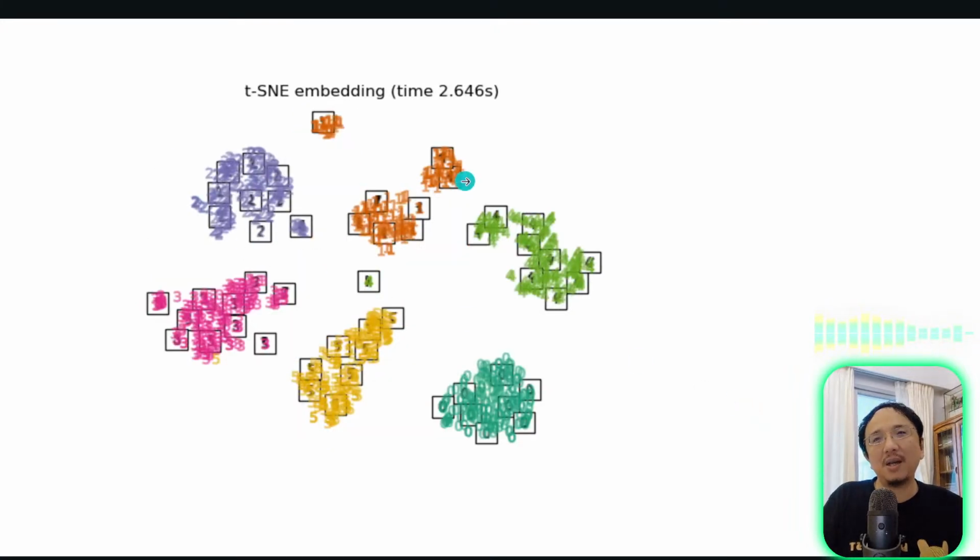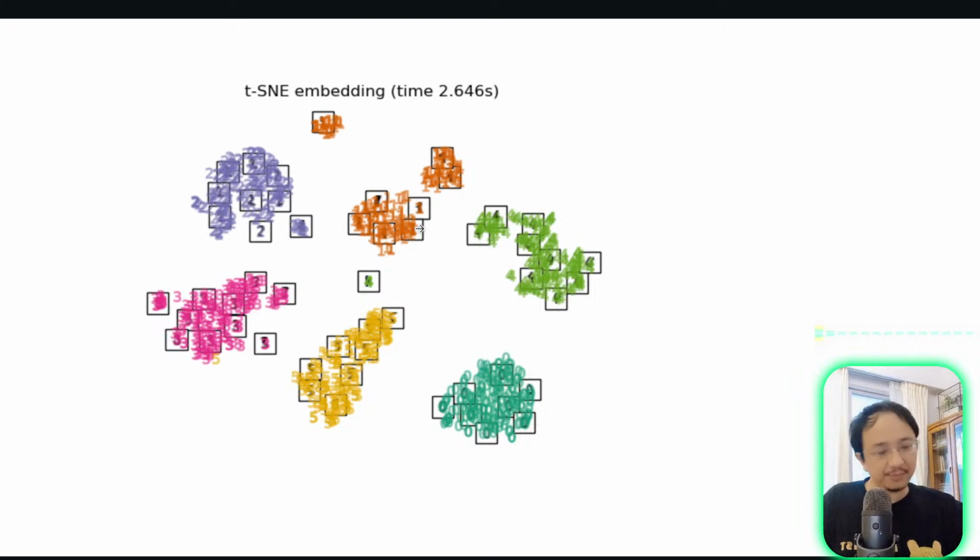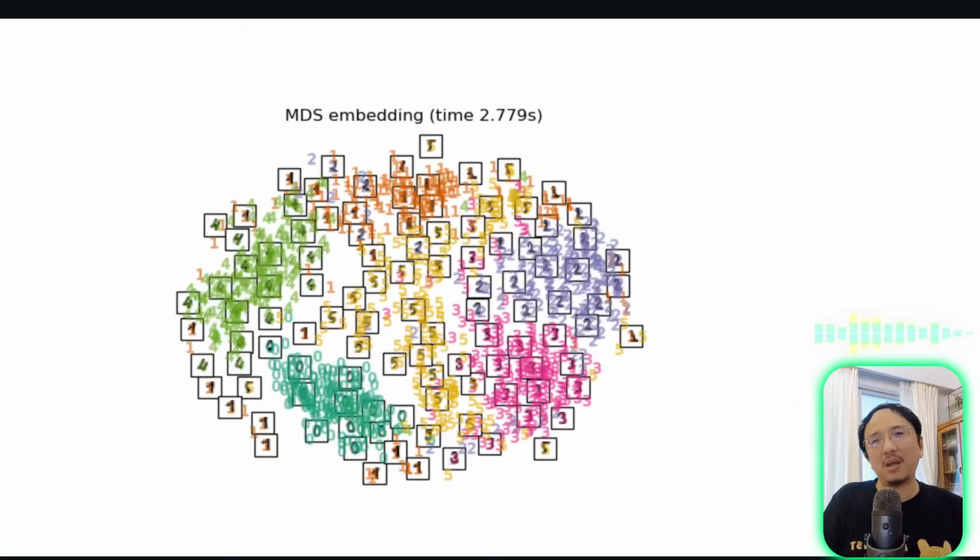And t-SNE especially, you can see the most difference. The application of t-SNE is that it emphasizes separating the items in different classes. So it makes a very good visualization because each class is separated almost completely. That is what t-SNE does, mostly for visualization.